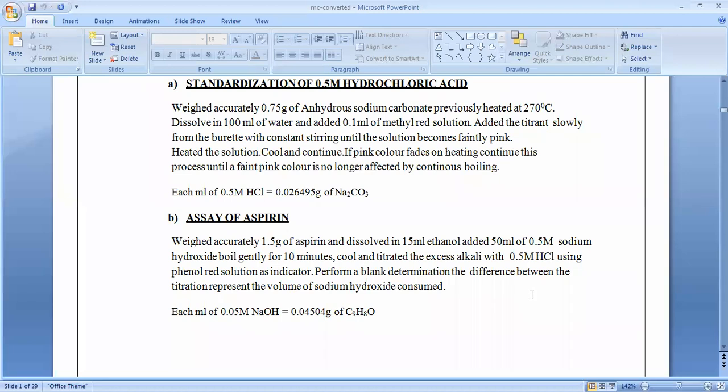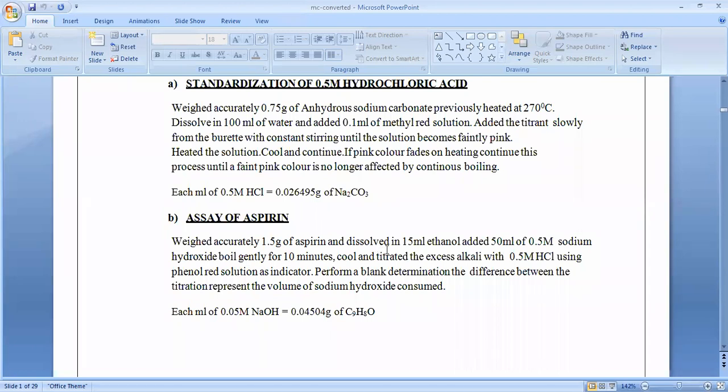This particular titration we are going to do in the presence of phenol red solution as an indicator, and perform a blank determination. This procedure will be done in the presence of the aspirin drug molecule as well as in the absence of aspirin. The blank determination means we follow a similar procedure without taking the sample, so we only exclude the aspirin molecule.